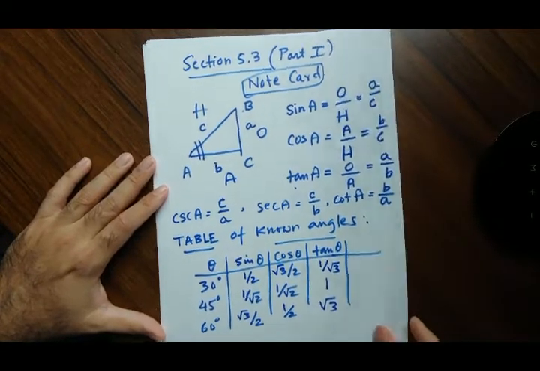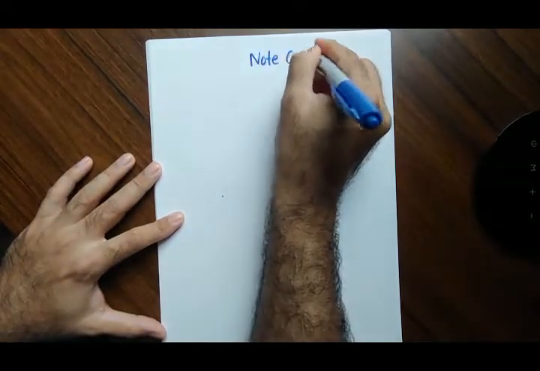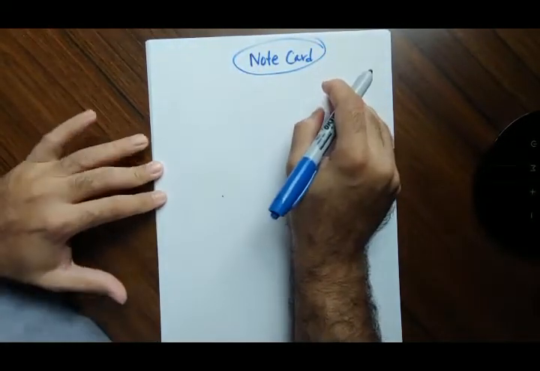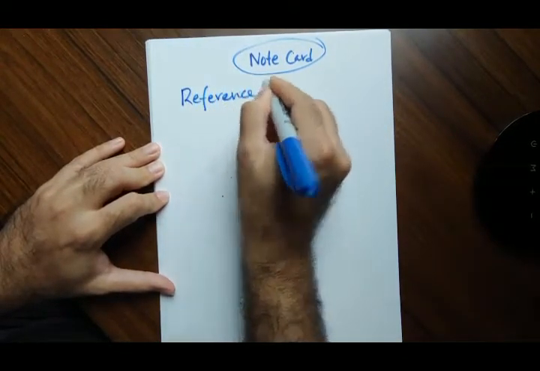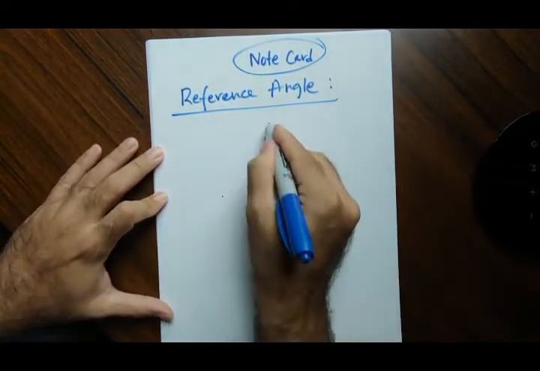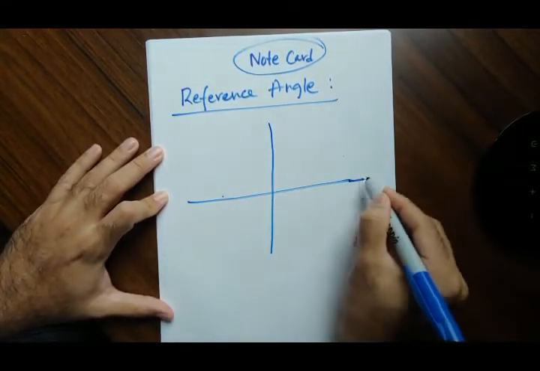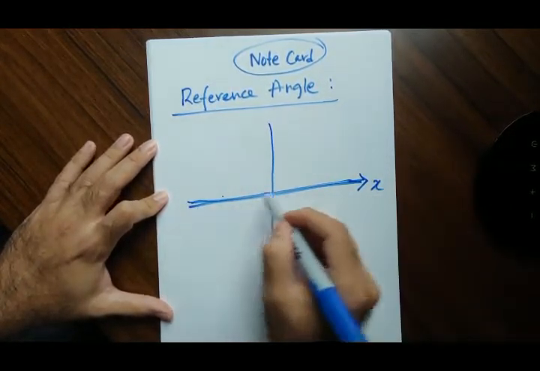One more concept, and that's also part of the note card, is a reference angle. And what is a reference angle? A reference angle is with respect to the x-axis. This is the x-axis, and it will always be with respect to this axis.